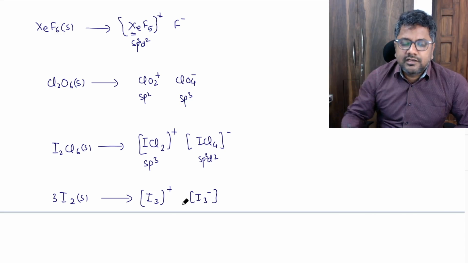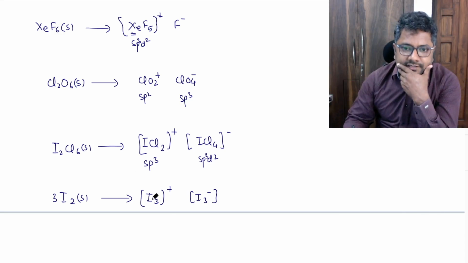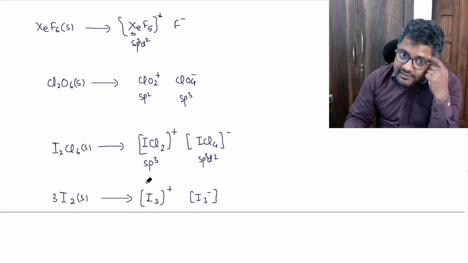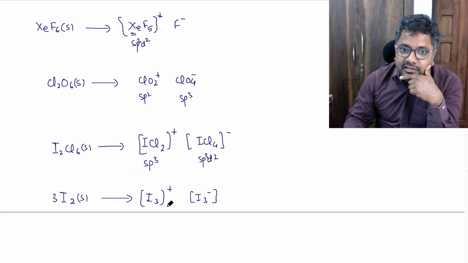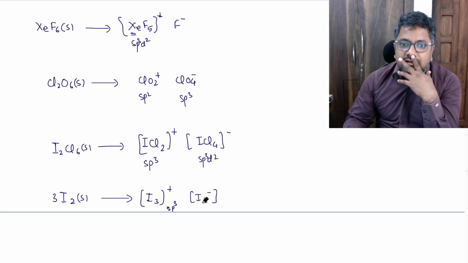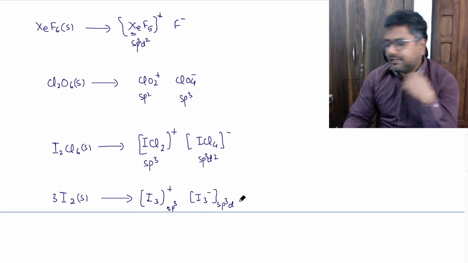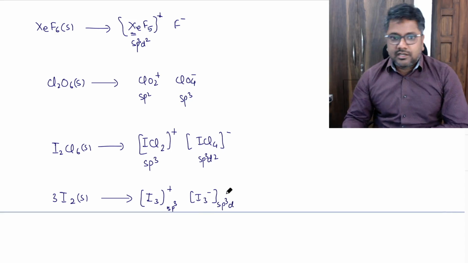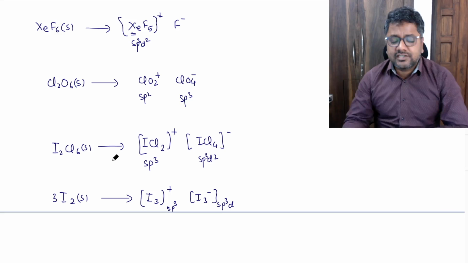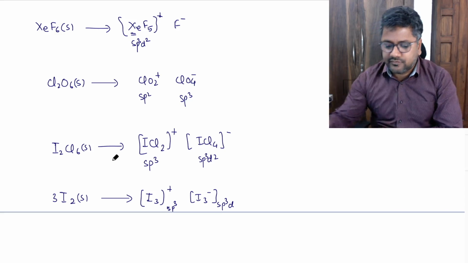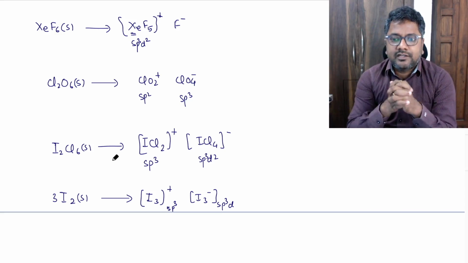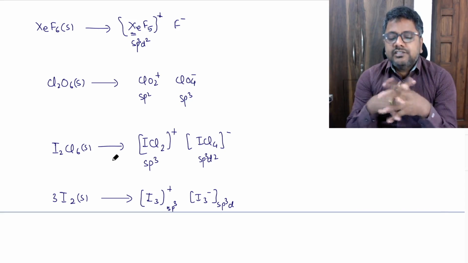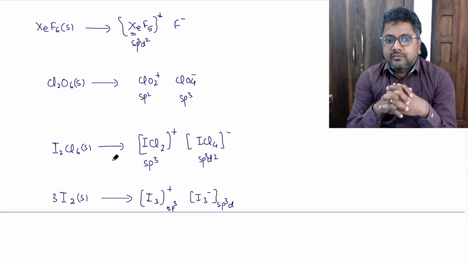So here 7 to 9, sp3, here this is sp3, and 7 to 9 and 11, sp3d, right? So these are certain popular molecules which exist in a different form in the solid state.